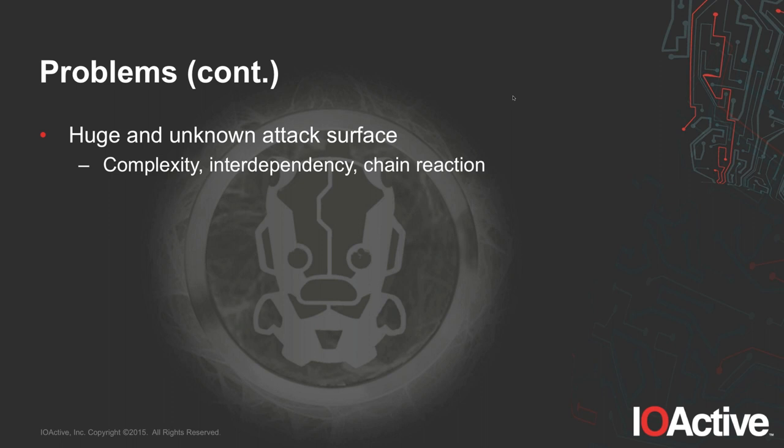So you have a very complex system with interdependent parts. You don't really know, if there is a problem with some system, how far that problem will propagate because of chain reaction. So we are facing a really complex problem that creates a really huge attack surface.